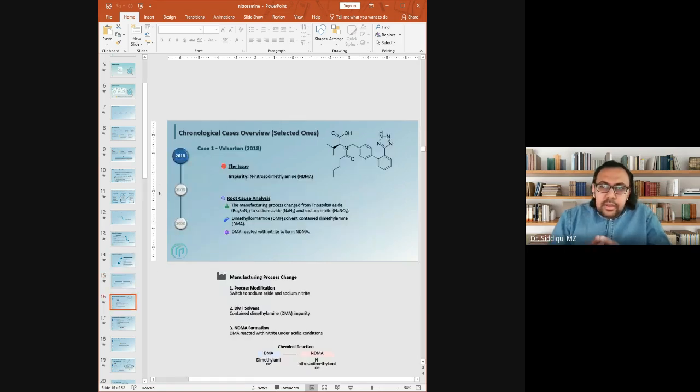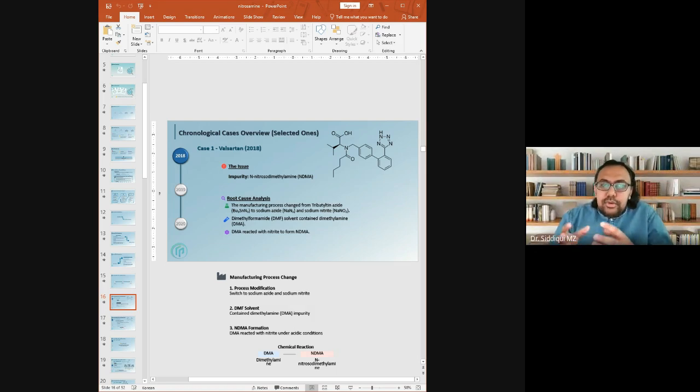NDMA was formed due to a process modification in the manufacturing process. The API manufacturer changed the process from tributyltin azide to sodium azide and sodium nitrite. This seems operationally minor, but it was chemically quite consequential.